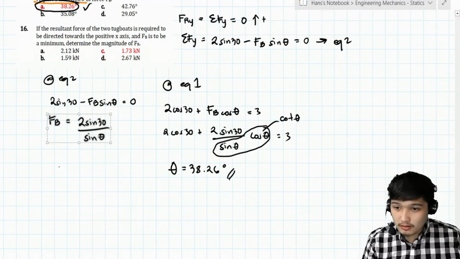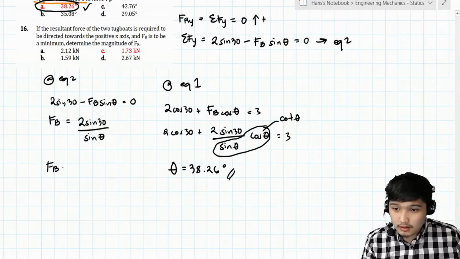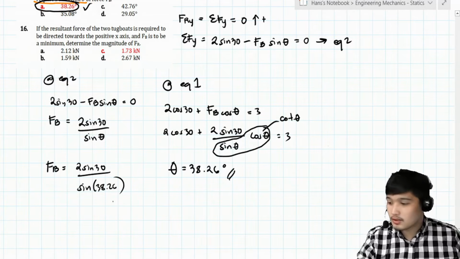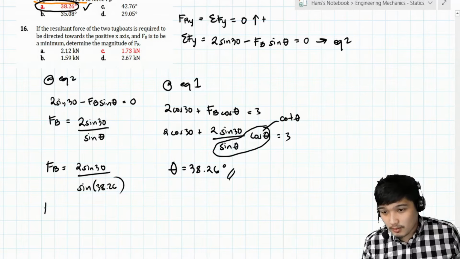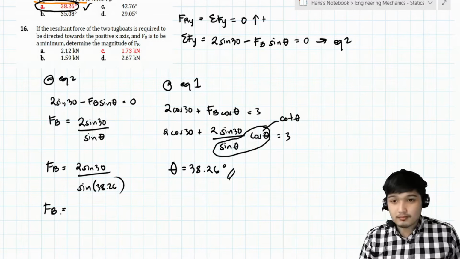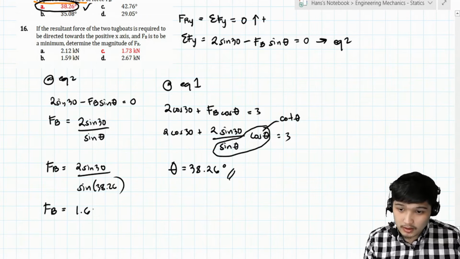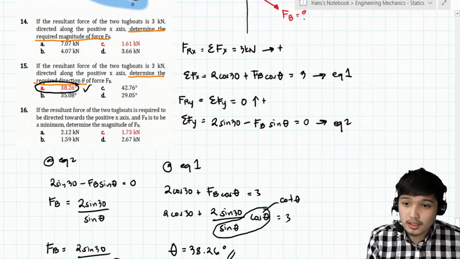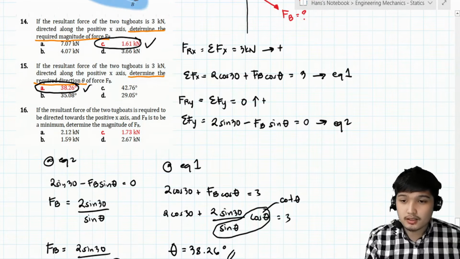So, masolve mo na yung FB. So, FB equals 2 sine of 30 over sine of 38.26. So, ilan yung lalabas na FB dyan? So, sagot is 1.61 kilonewton. So, nasa choices ba yan? Okay, so nasa choices, that is letter C. So, correct.